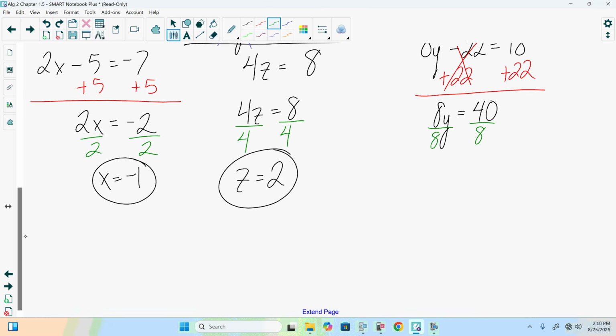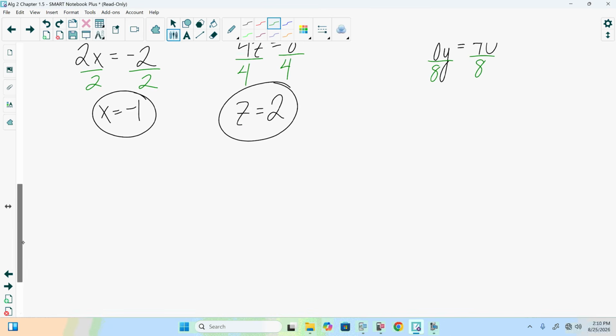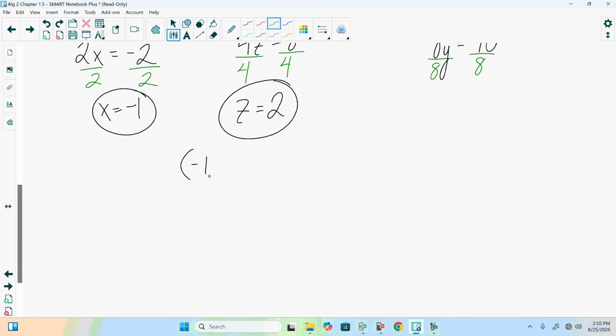Now the way we write the solution is in the ordered triplet x, y, z. So the solution point for this here is negative 1, 5, 2. There's a specific reason we do an ordered triplet x, y, z. Because that's alphabetical order. X, Y, Z, we do it in alphabetical order.